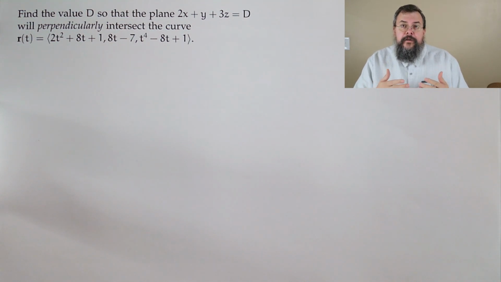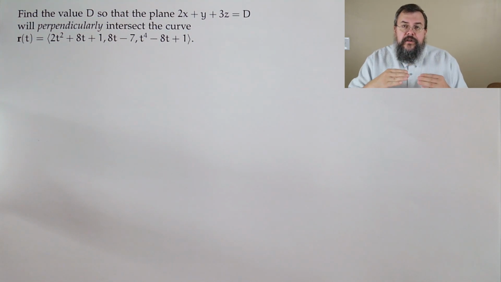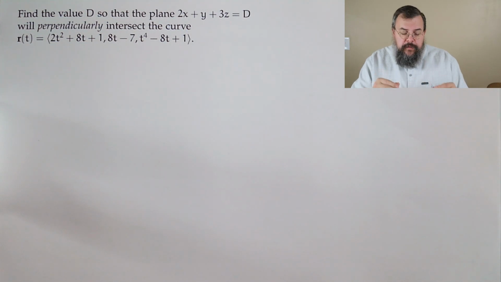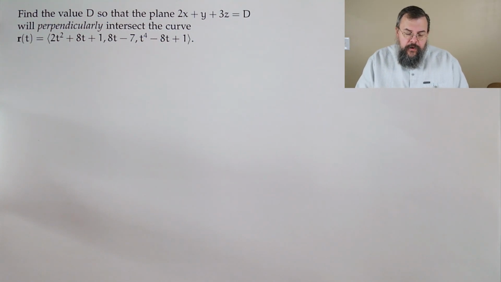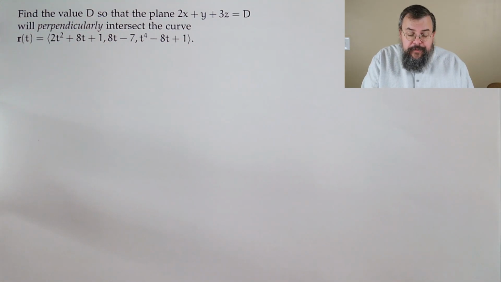But now let's think about our philosophy. What do we have? Well, we know that when we think about the direction that the curve goes, the direction is going to be giving the normal to any perpendicular plane. So this is going to be our key we're going to focus on. Let's look at r prime.